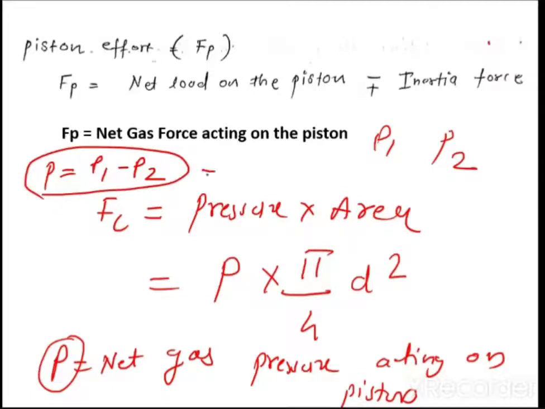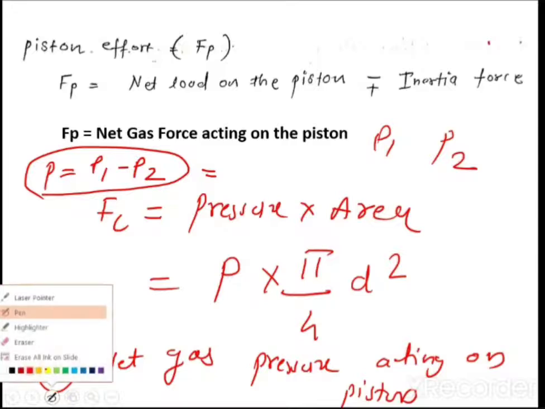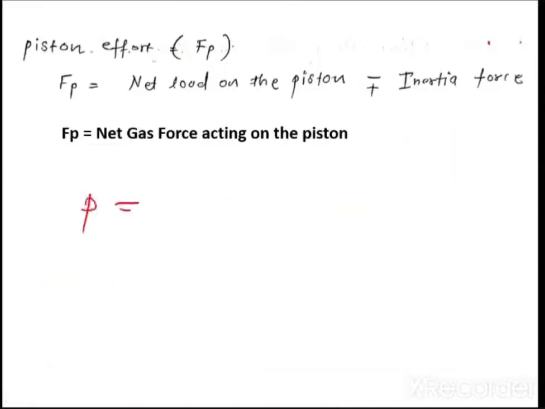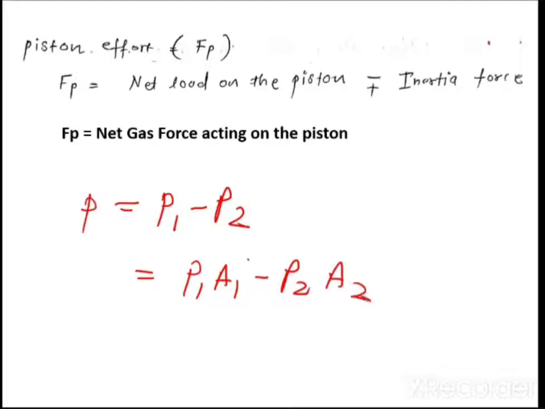And if we consider the area, now let me elaborate this. This P is nothing but the net gas pressure acting on the piston, which is equal to P1 minus P2. P1 is the pressure acting on the cover side, P2 is the pressure acting on the crank side. Now you can elaborate this like this: P1 A1 minus P2 into A2. A1 is the cross sectional area on the cover end side, and A2 is the cross sectional area on the crank side.